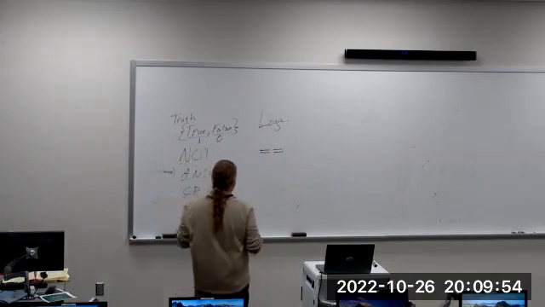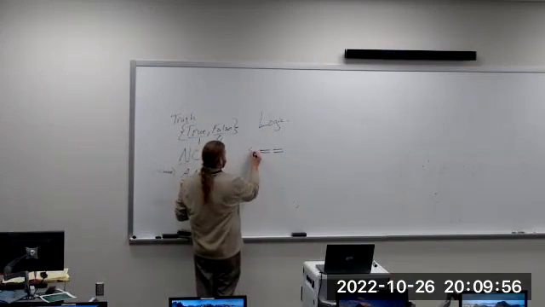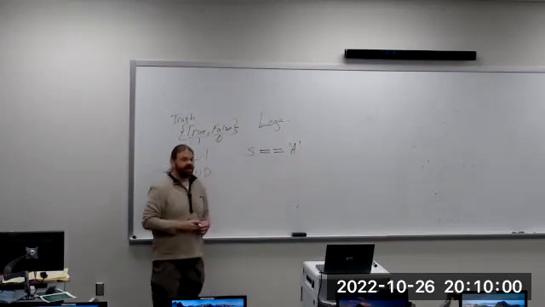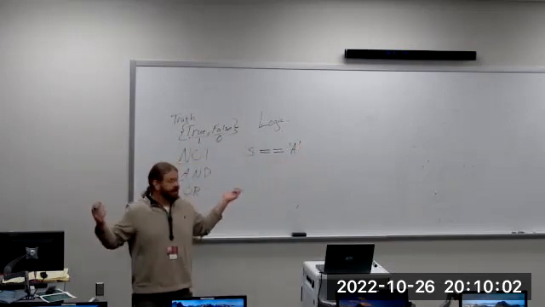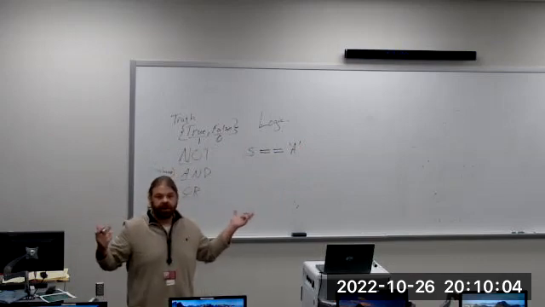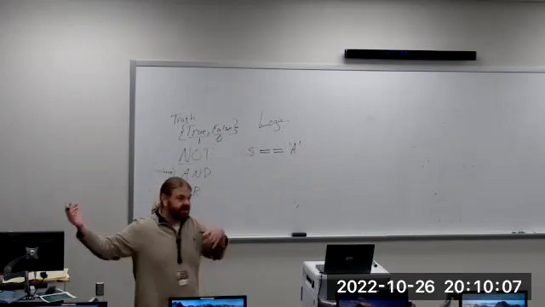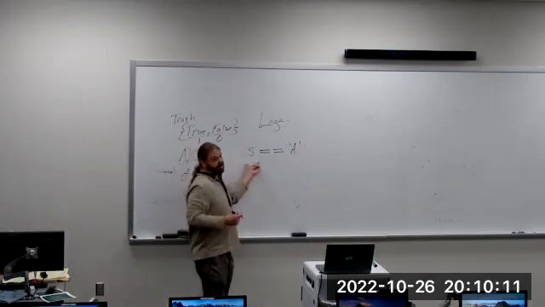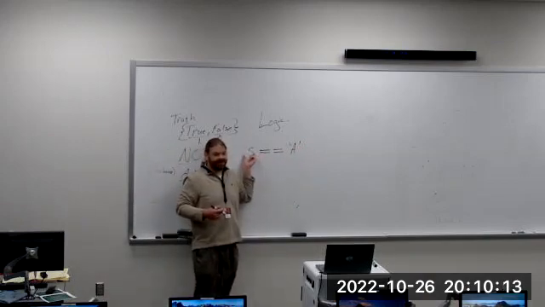Or another example, 65 is equivalent to a capital A. They're equal. In ASCII code and Unicode, a capital A is the number 65. But they are not strictly equal because this one's a character and this one's a number.